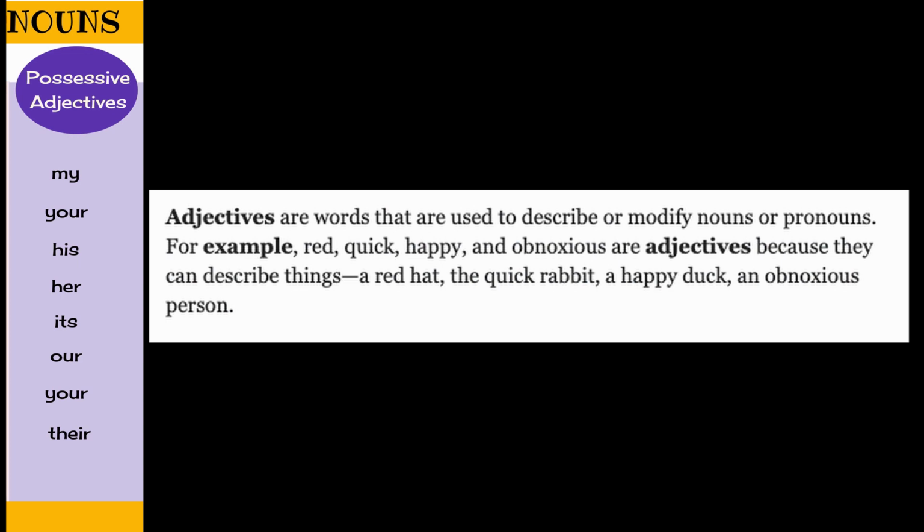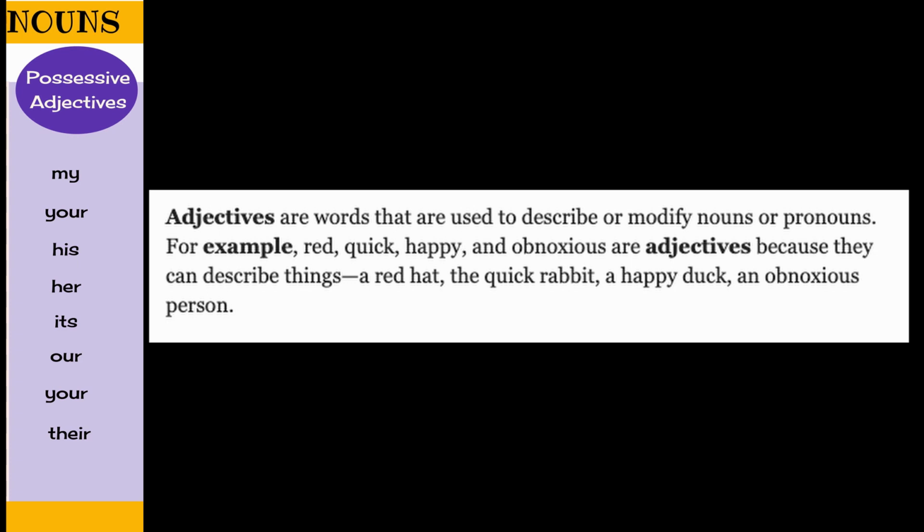Adjectives are words that are used to describe or modify nouns and pronouns. So they're descriptive words. For example, red, quick, happy, and obnoxious are adjectives, because they can describe things. So a hat, but what color is the hat? The hat is red.